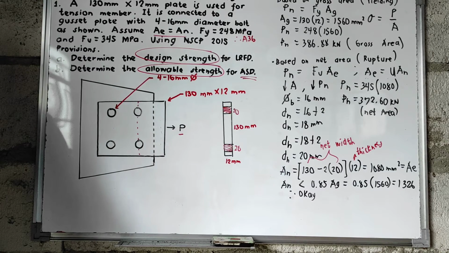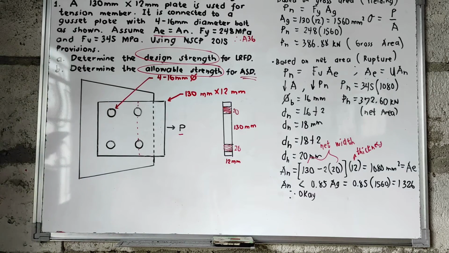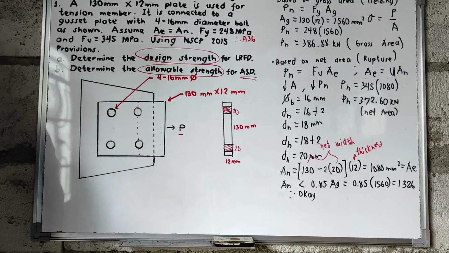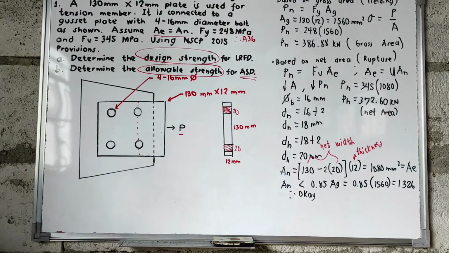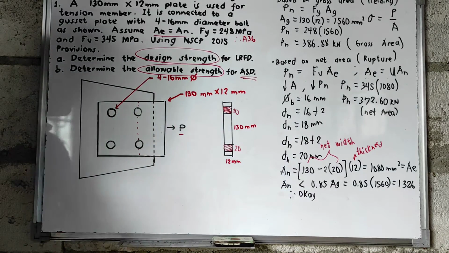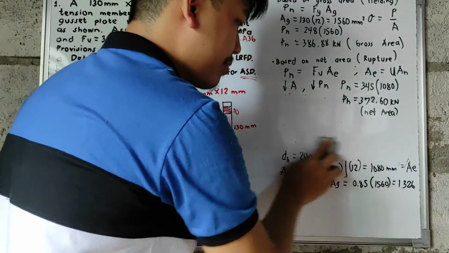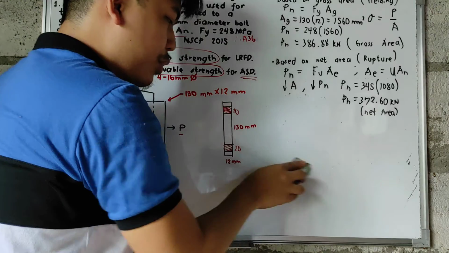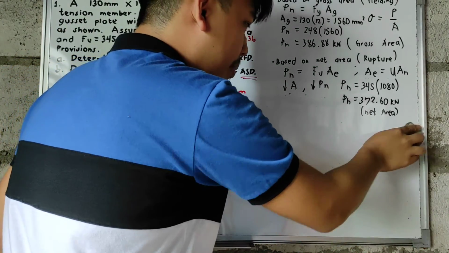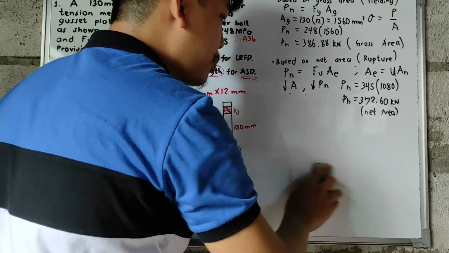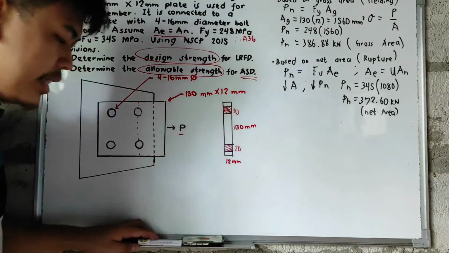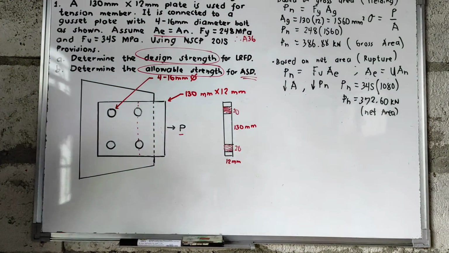so, kukunin na natin yung design tensile strength and the allowable tensile strength. So, for this one, gagamitin natin yung LRFD at saka yung ASD approach natin. So, we are going to consider both design methods in computing for the values ng design strength and the allowable strength.